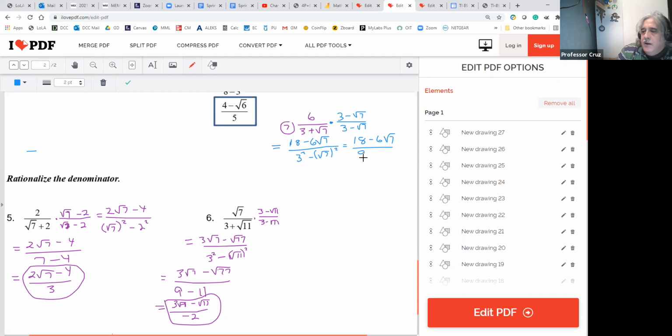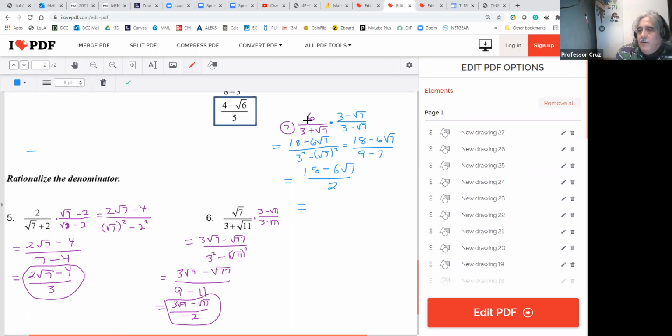So that's 9 minus 7 over 2. Is that all we need to do on that one? Remember, we've always got to simplify things down as far as we can. 18 times 2, correct?